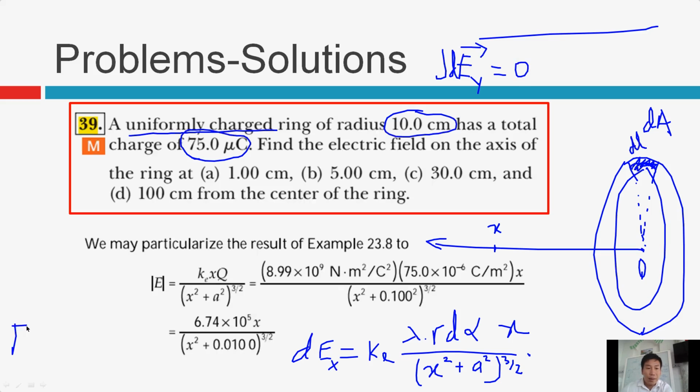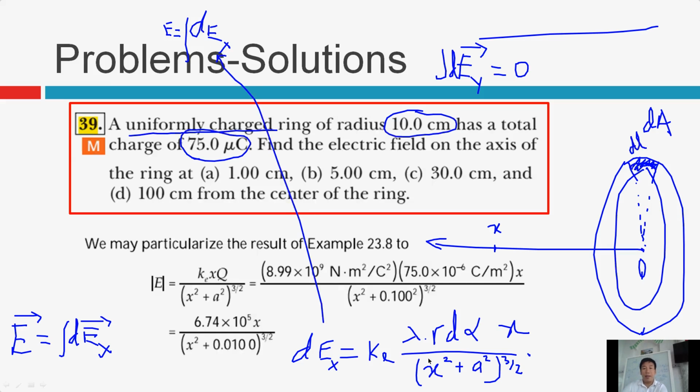So you have E equal integrate dEs, and because the direction of dEs is not changed, you have E equal integrate dEs, and you just substitute dEs here. And remember that the variable here is alpha. It means that you will rotate alpha from 0 to pi.